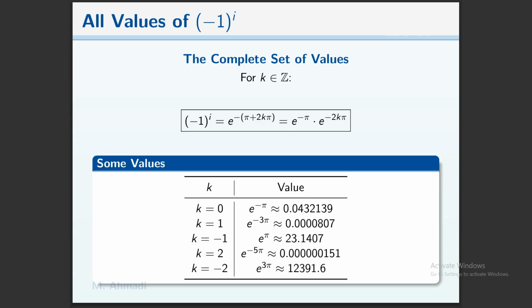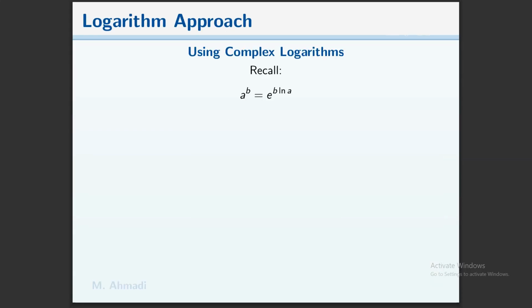For k equals 2, the value is e to the minus 5 pi, and for k equals minus 2, the value equals e to the 3 pi, approximately 12,391.6, which is a large value. So we can calculate for other values too.